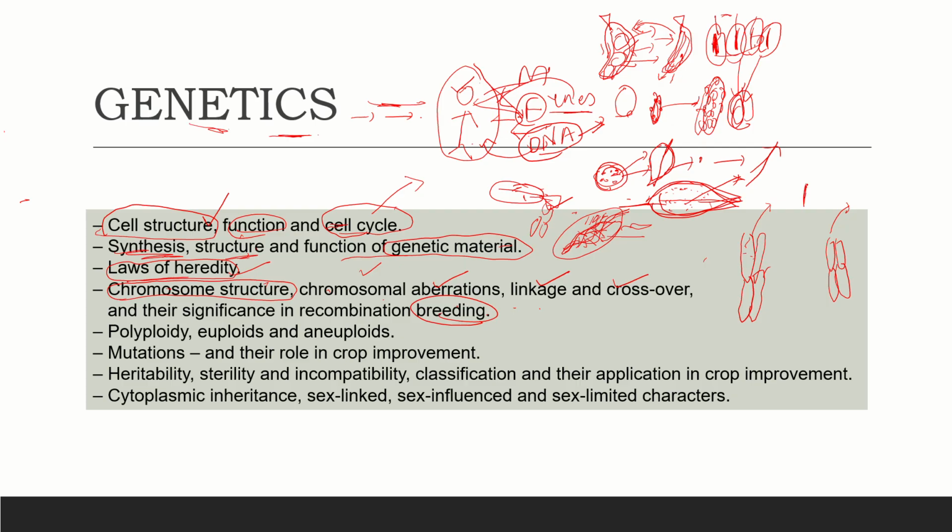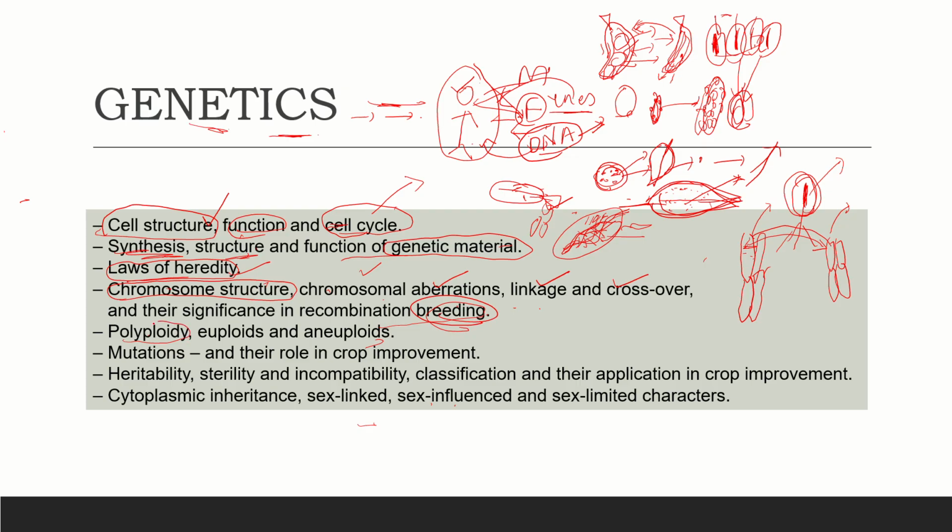Now we need to breed one new thing based on the characteristics that we desire. So we take a small segment from this one, and a small fragment from that one, and combine both. Together we can produce one new thing which is desired for us. All these things, and how they help in the recombination breeding process, are what we need to study.